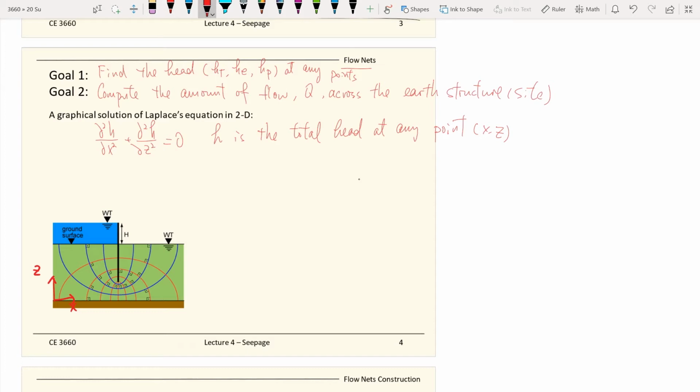We'll talk about how much water seeps through this earth structure. This is like a Q, capital Q right there.